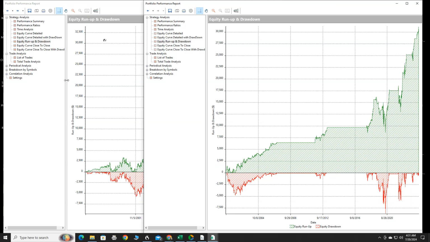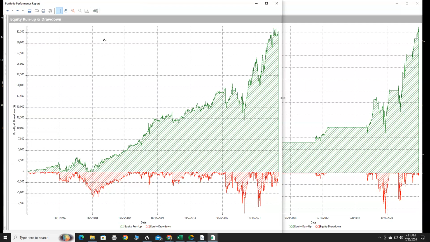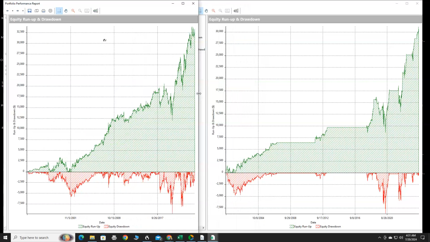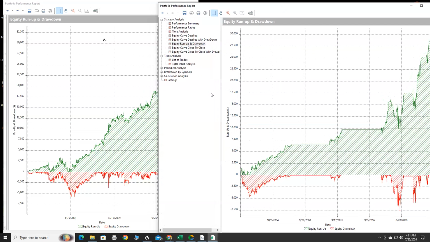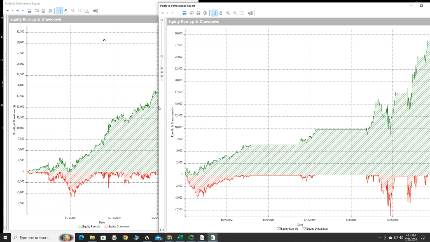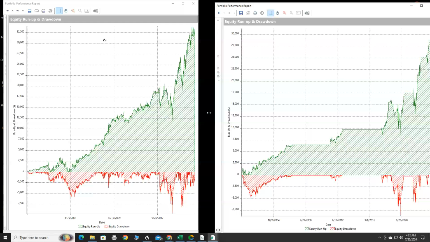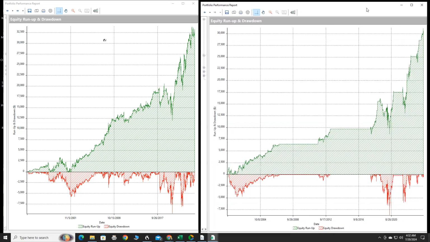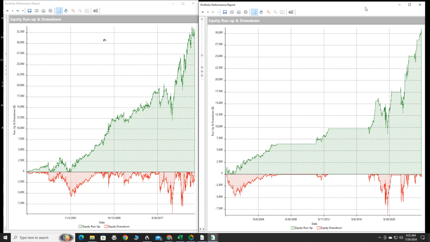Now, as you can see, you get 2 equity graphs. One is an equity graph based on before, and the other is equity based after. But you can see how the portfolio manipulates this data with this kind of demonstration.